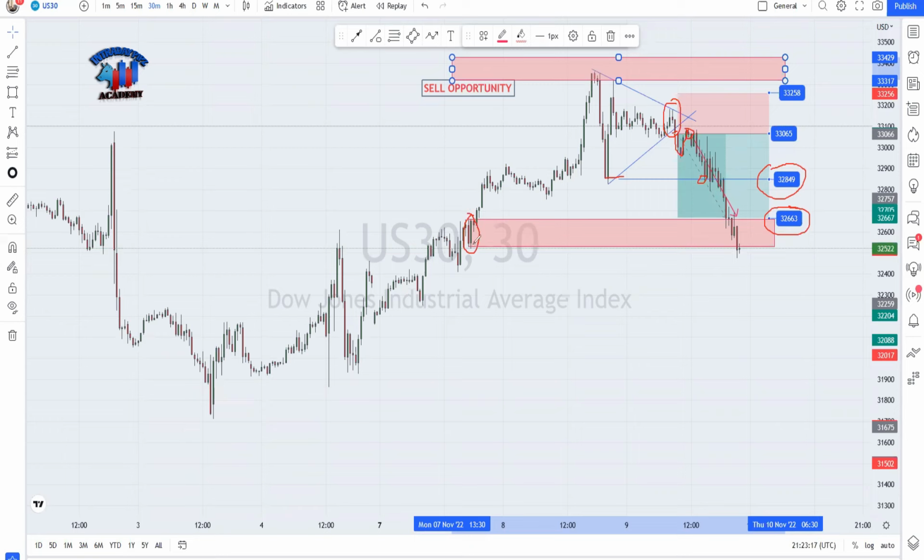So we expected that if price is going to continue bearish, it might likely respect this order block. We might see a rejection at that area for price to continue bullish. So with this in view, that is the reason for which I took this point as my TP2.